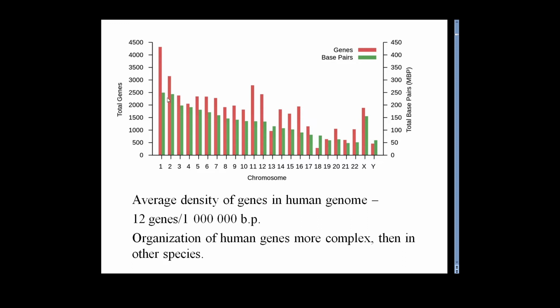But the usual average density is 12 genes per 1 million base pairs.